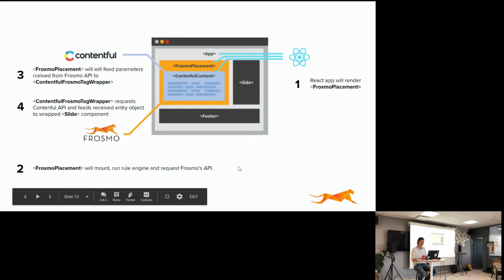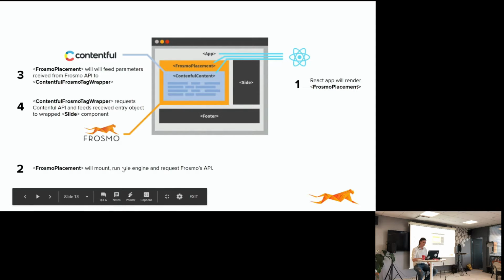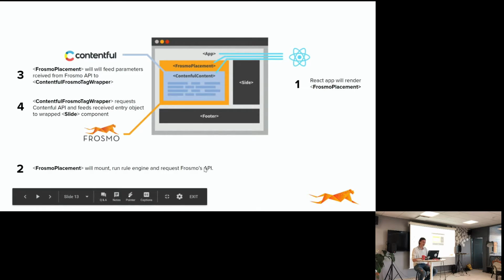And what actually happens when we kick off the application, when the Frosmo placement is mounted to the React VDOM, this React placement will start, we run the Frosmo rule engine and make the appropriate request to Frosmo's APIs.